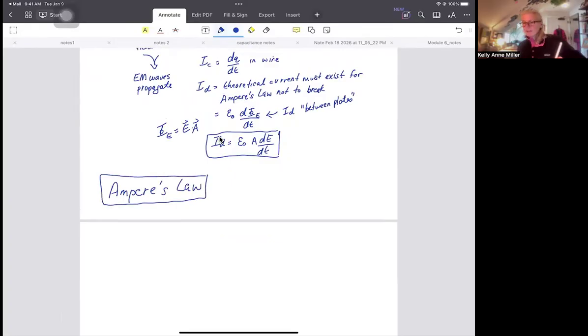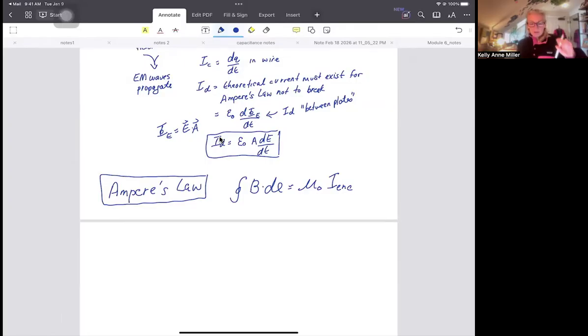If you pick some path, B dot dl, if you draw a path integral around a magnetic field, that is going to be equal to mu naught times the enclosed current.